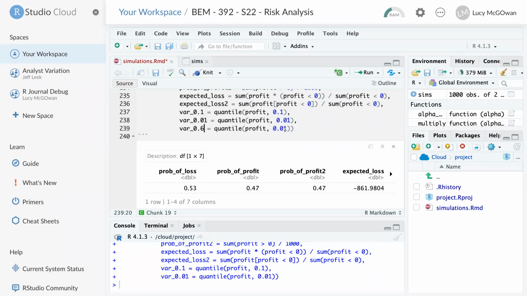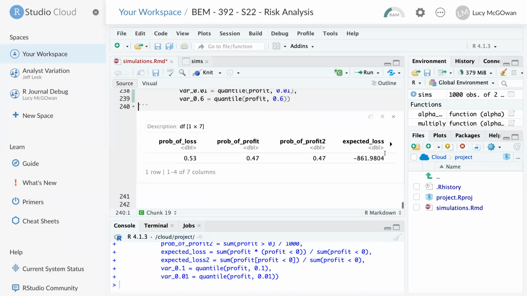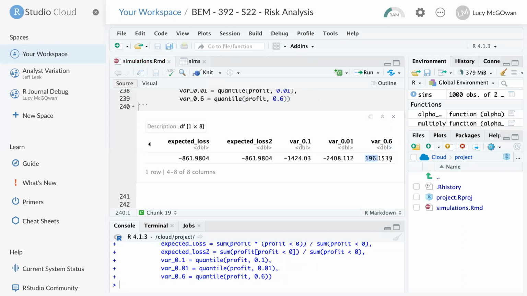So like, let's say 0.6, for example. You could interpret that as you have a 60% chance of making no more than $196. So either making $196 or less, or losing money, if that makes sense.